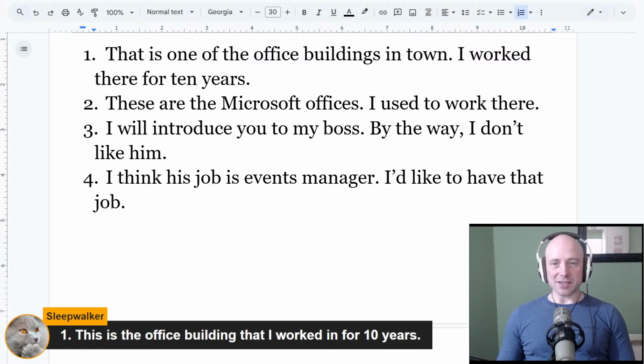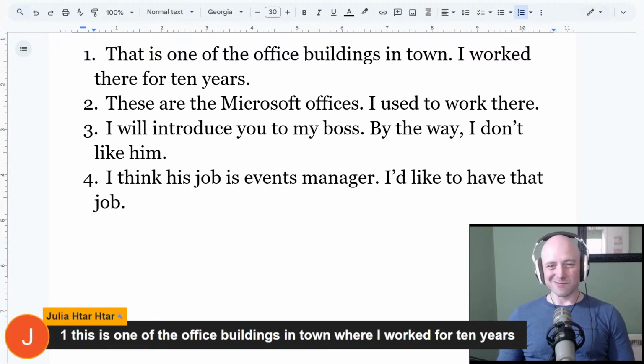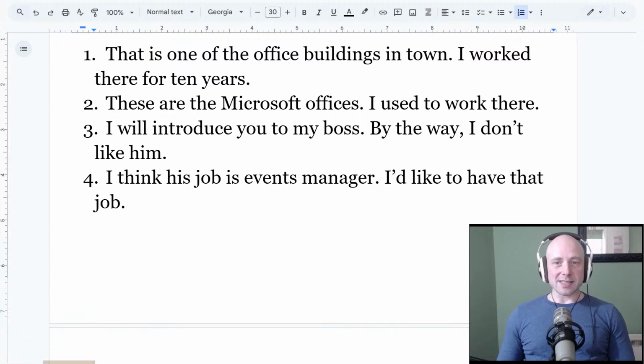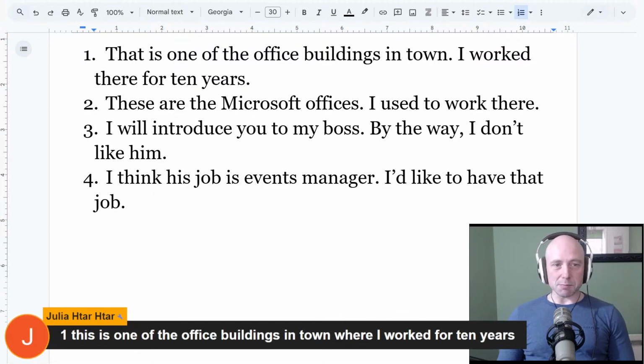And I'm sorry to say, Julia and Zoya, because you've said this is one of the office buildings in town where I worked for 10 years, in your situation, it implies that there are multiple office buildings where you worked.